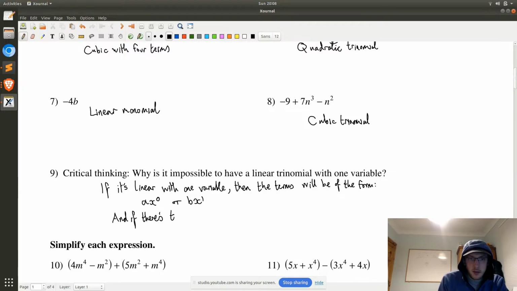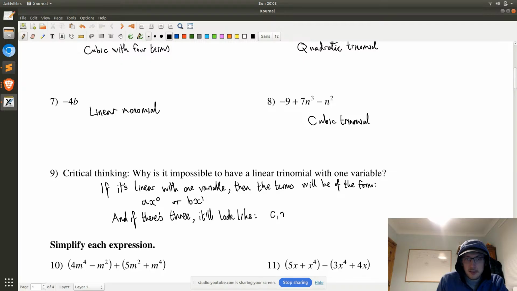And if there's 3, it being a trinomial, look like... okay, I better use a different letter in front. C to stand for the coefficient. Yeah.